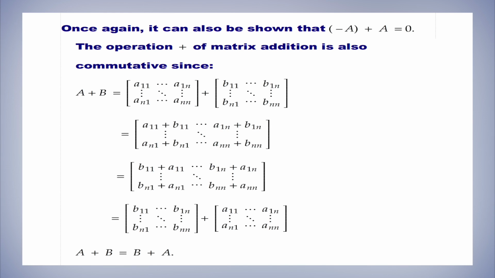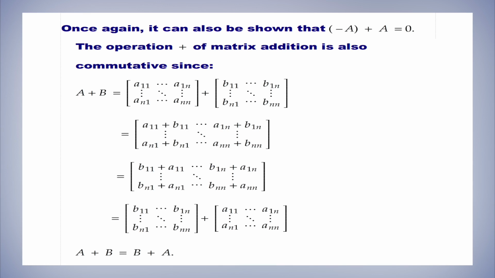Now we are going to add A plus B. So the result will be A11 plus B11, A12 plus B12 and so on A1n plus B1n, like AN1 plus BN1, AN2 plus BN2 and so on ANN plus BNN. We will use the commutative property here. So we will get the result as B11 plus A11, B12 plus A12 and so on B1n plus A1n, like Bn1 plus AN1, Bn2 plus AN2, like Bnn plus ANN.